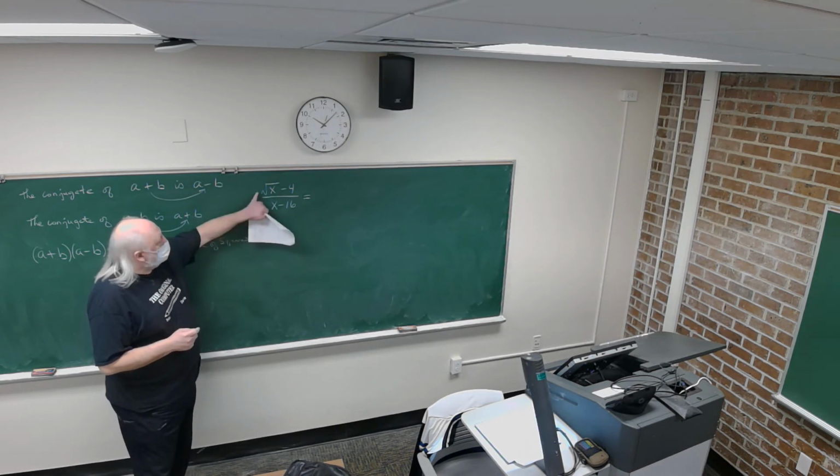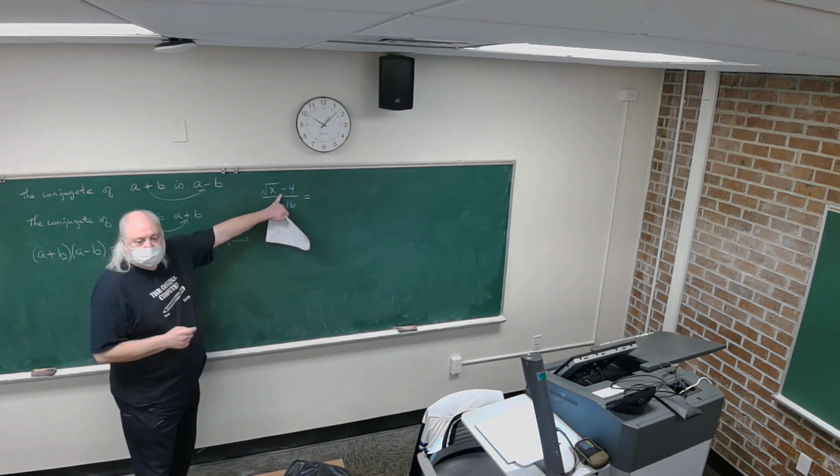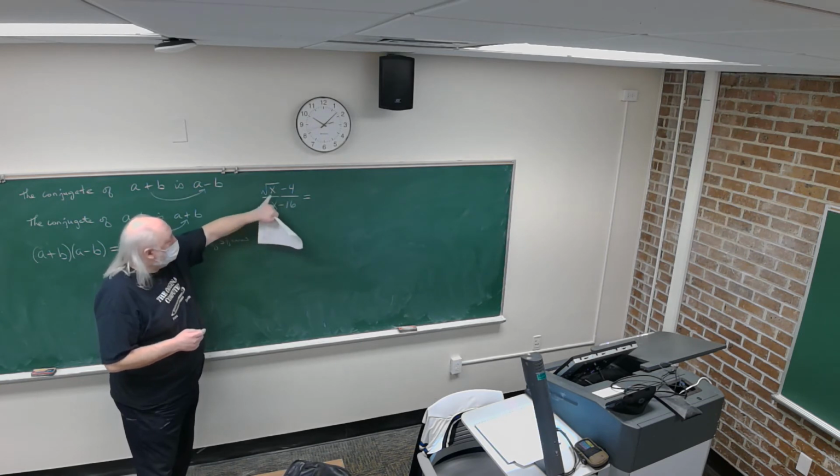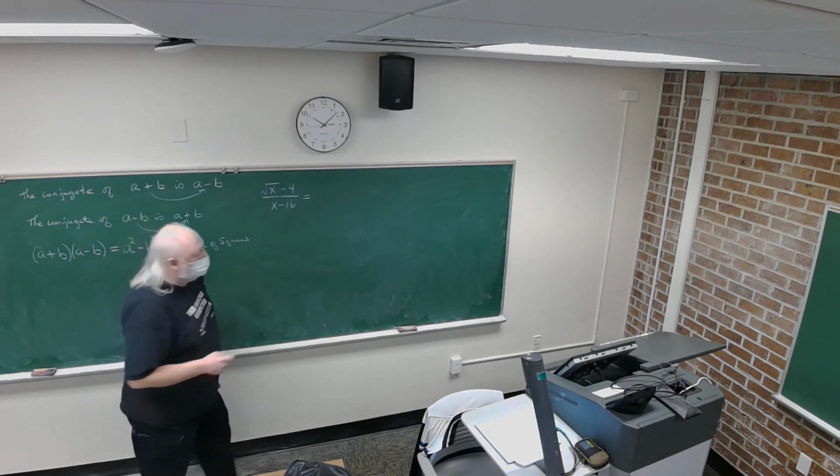So to do that, we're going to multiply top and bottom by the conjugate of the numerator. And the conjugate of the numerator, we just change the minus to plus. And we're going to multiply top and bottom by the square root of x plus 4.